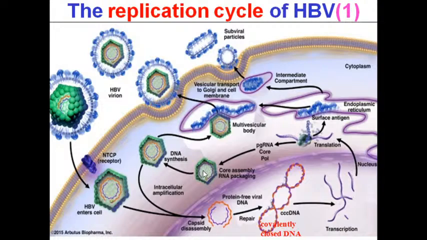Then RNA will be destroyed and the positive sense DNA will start to be produced using minus sense DNA as a template. But usually there is not enough time to complete the positive sense DNA synthesis.